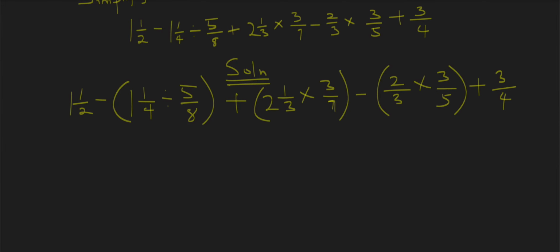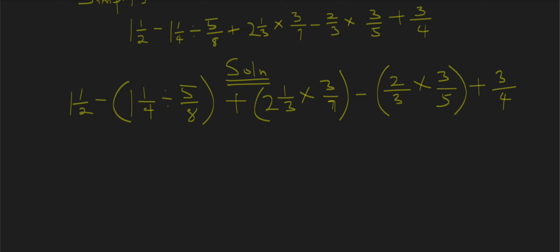Going further, I would then convert these mixed fractions to improper fractions. We convert all mixed fractions to improper fractions. So one whole number 1 over 2 is the same as 2 times 1 is 2, plus 1, that's 3 over 2.